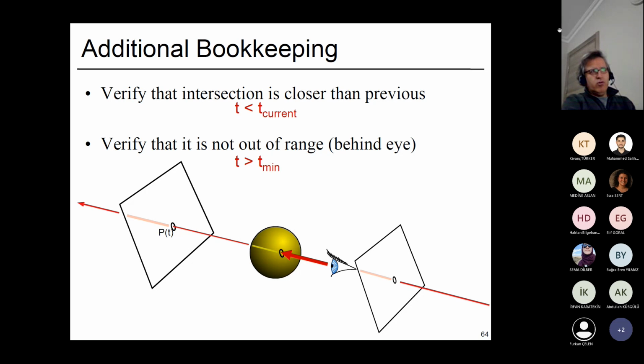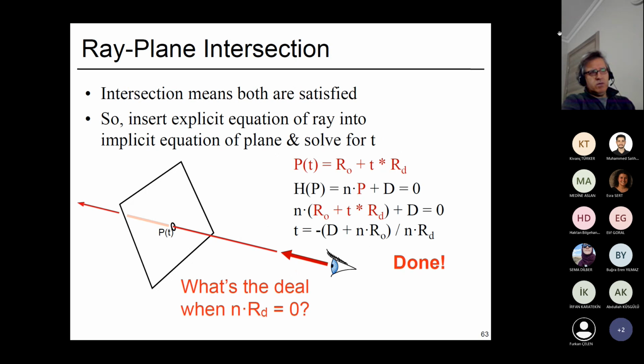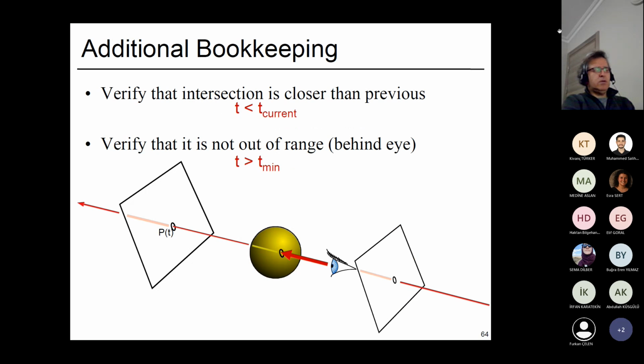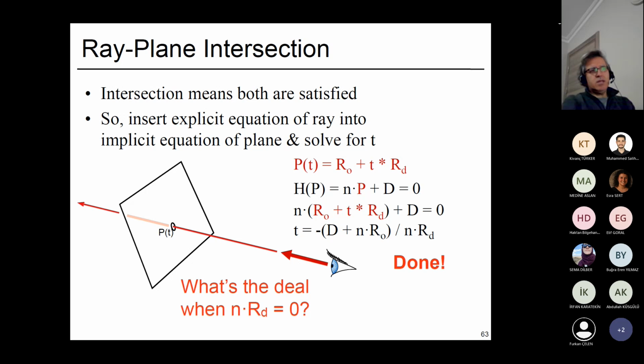You have to be careful with that case. The division by 0 should be avoided there, but it's an indication that it's not going to work anyway. So you can check n times rd first, and if it is very, very close to 0, I'm assuming that my plane is parallel to my ray, therefore it's not going to intersect at all.